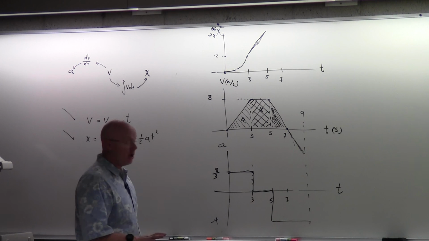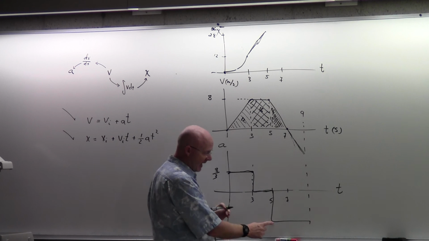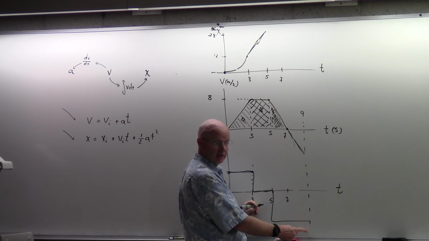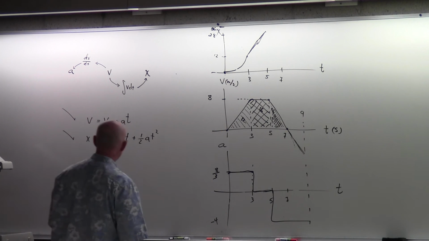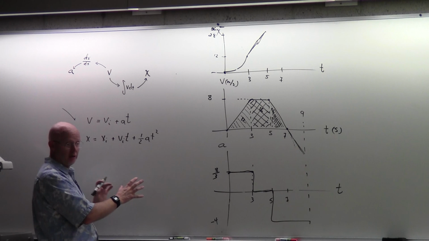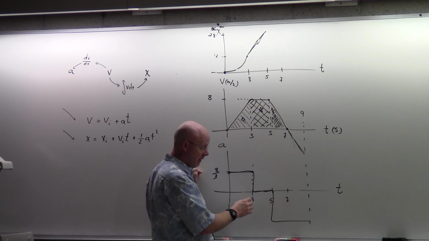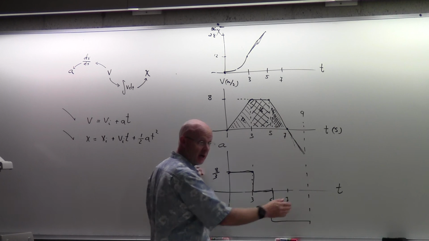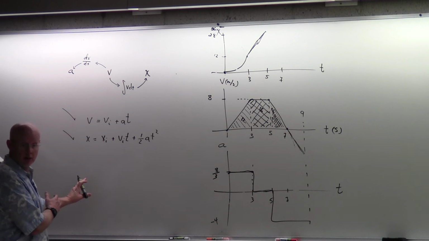But before I even draw it, let's keep going. Doesn't it have that same acceleration, not just for 7, but to 9 seconds? So what kind of path would I draw during that time frame? And again, not just 5 to 7, but all the way from 5 to 9. What shape is it going to be?